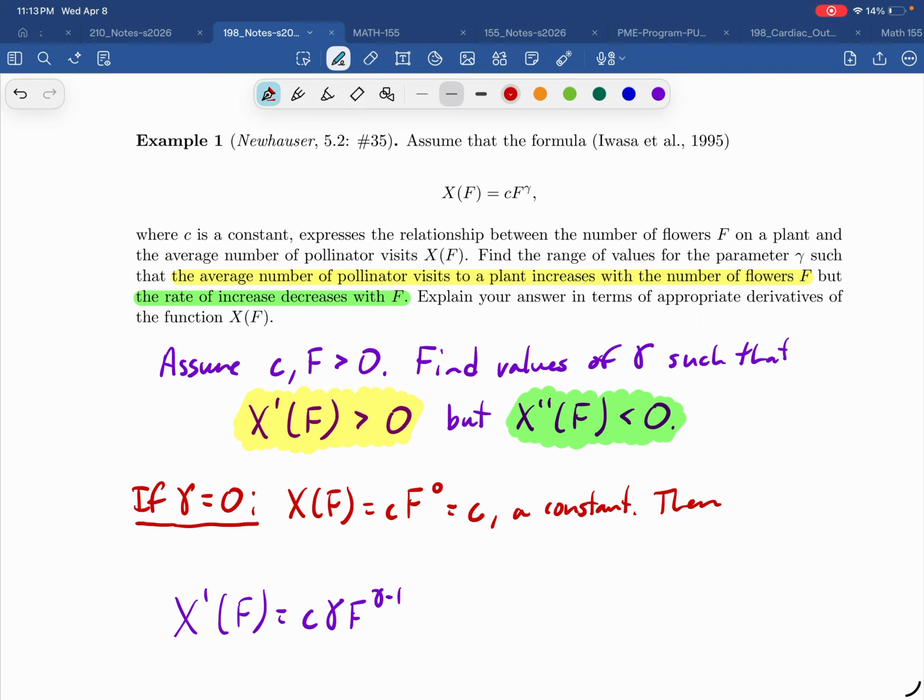Then X prime of F equals 0. And do you see that that already violates this condition right here? Let me highlight that in yellow, which is no good. Okay? So gamma does not equal 0.